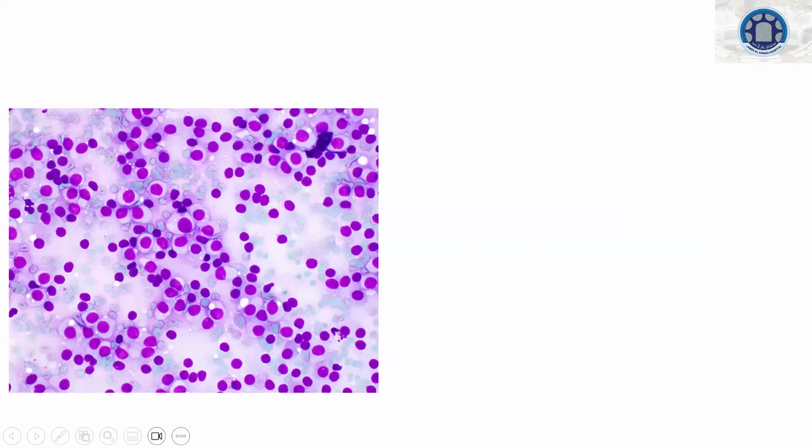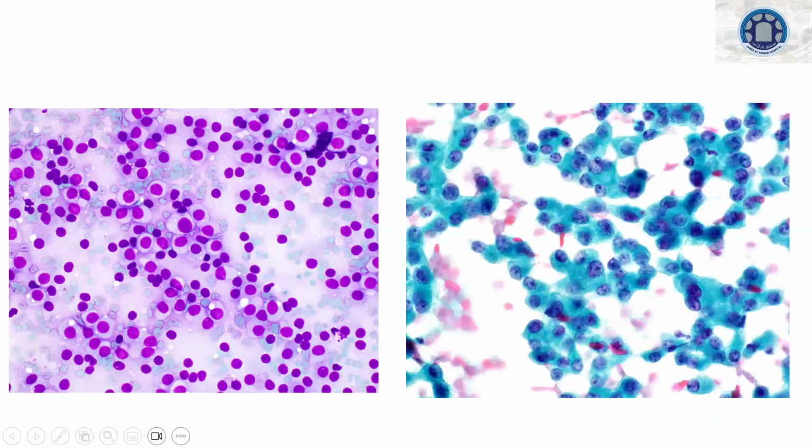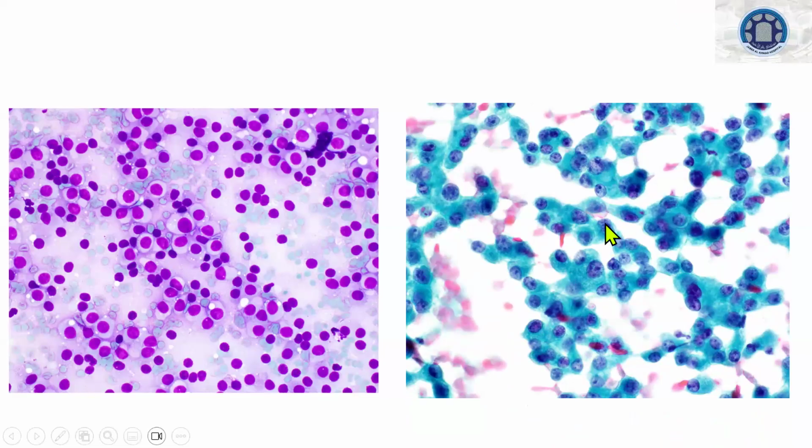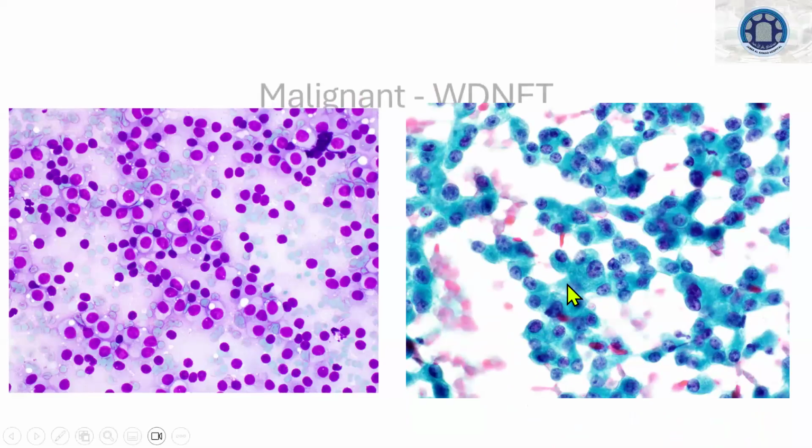Now, anyone can tell me what is this? Actually, it looks almost similar to the previous, except for a few features which are seen here. Neuroendocrine. Very good. What are the features which you are seeing here? Plasmacytoid, eccentrically located nucleus. Yes, plasmacytoid nucleus and salt and pepper chromatin. Excellent.